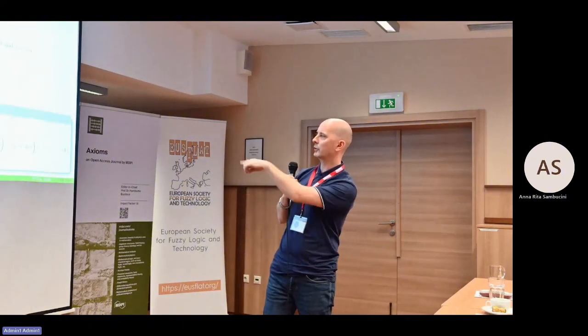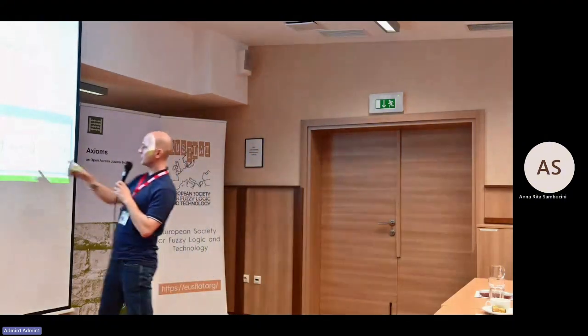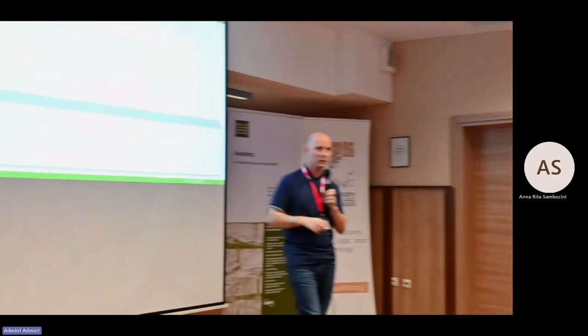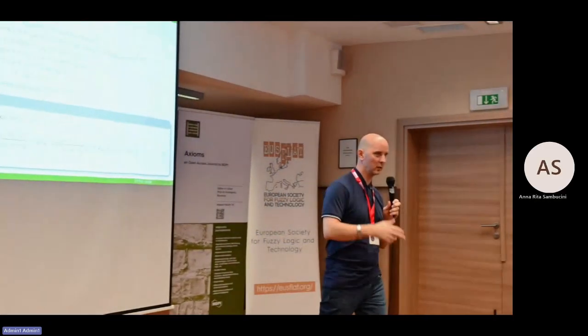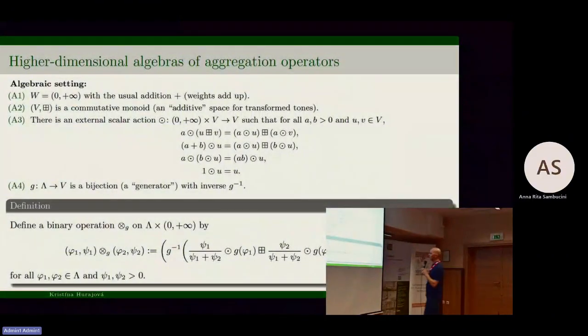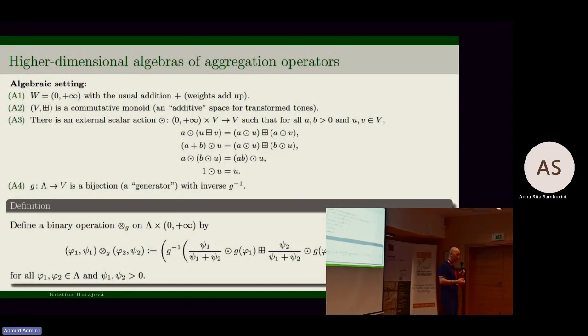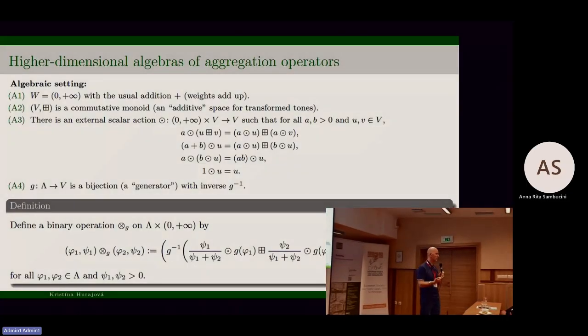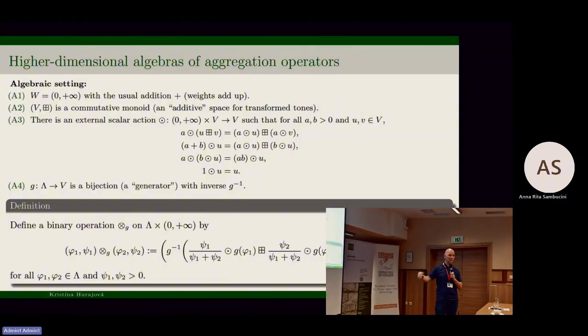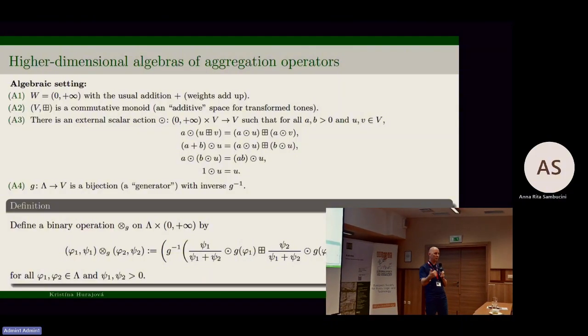So if you just add two intensities, let's say on a logarithmic scale, then you have to combine all the information in the first coordinate, pitch as well as intensity. And this is a possibility, and the next theorem says that it is the only possibility if you want to have commutativity and associativity.